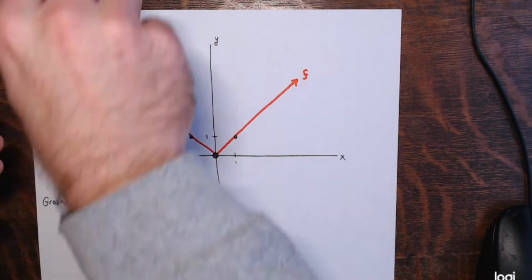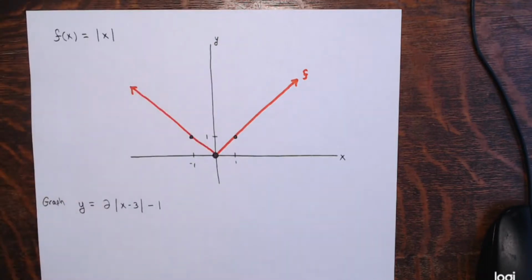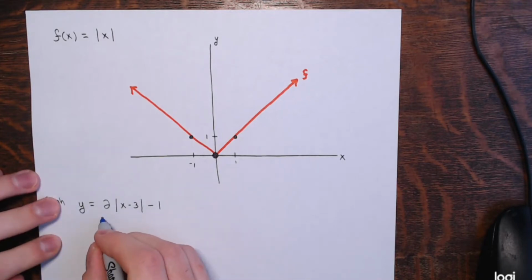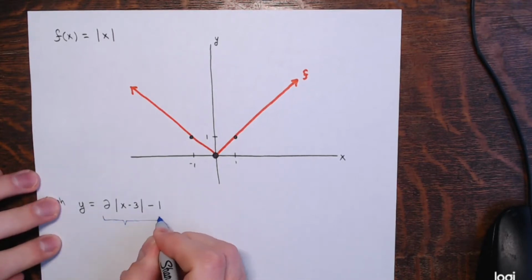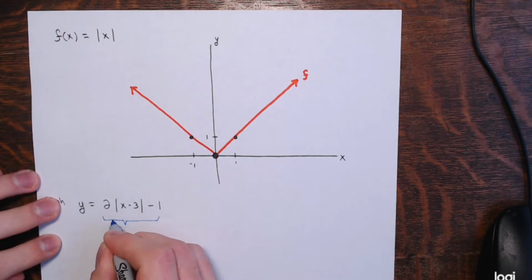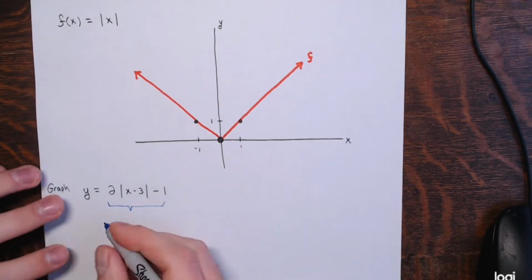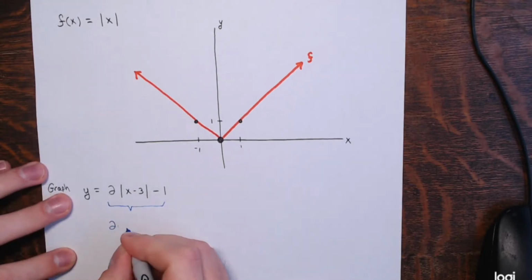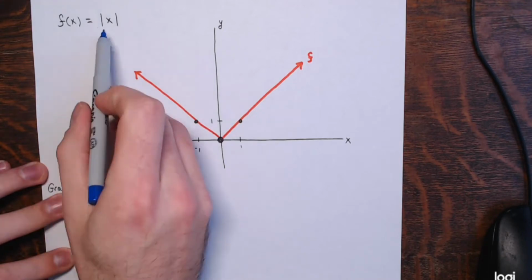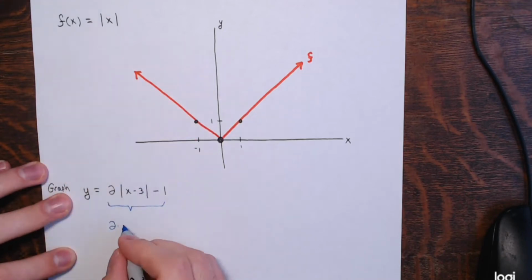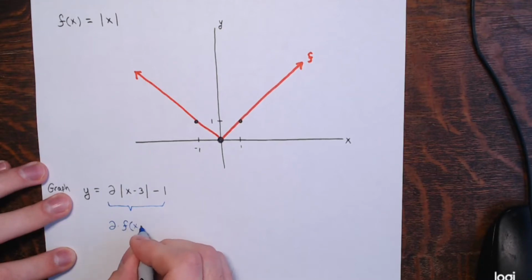Now, if you remember our little discussion in section 3.5 on transformations, this expression here is the same as the following: 2 times, and then instead of the absolute value of x, we have the absolute value of x minus 3. So that'd be f of x minus 3. It's the function f, but x is replaced by x minus 3, and then you've got the minus 1 after.